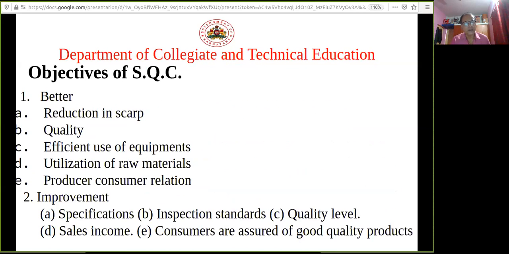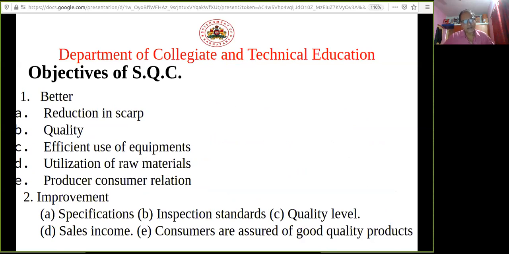The objectives of quality control are reductions in scrap, and better quality of products because of the use of SQC tools.